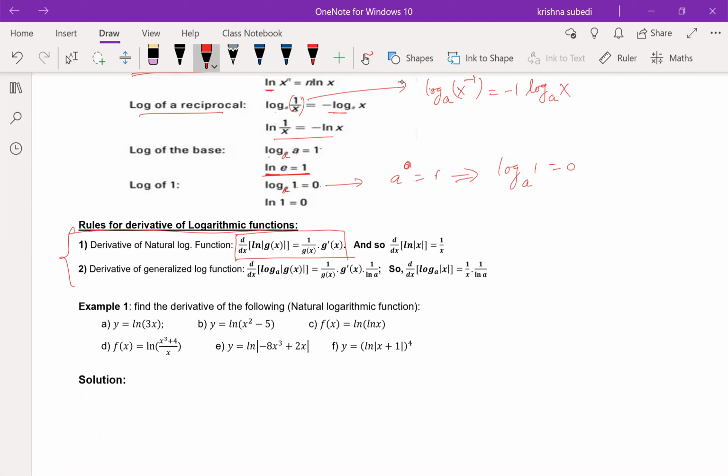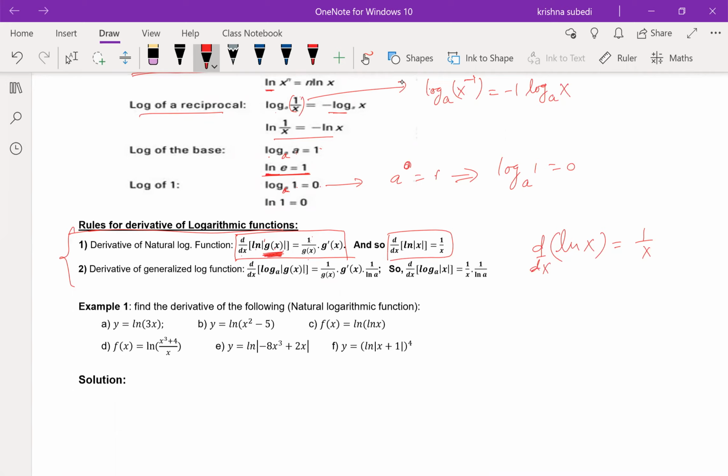Derivative of, let me start with this first. The derivative of natural log x equals 1 over x. By the same token, the derivative of natural log g of x equals 1 over g of x, using the chain rule, and then you find the derivative inside, which is g prime of x.